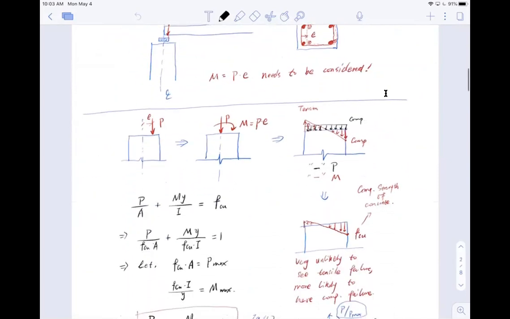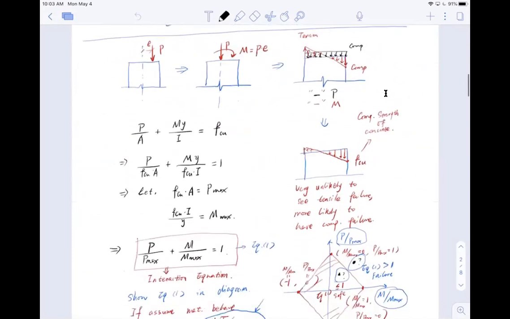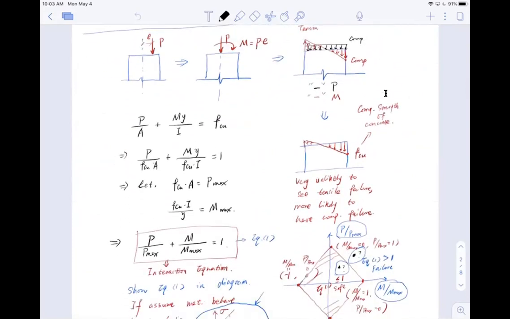Eccentricity. And this is the stress state caused by the eccentricity. We have a compression P and a combined moment M, which equals P times e. So the combined stress equals a uniform compressive stress plus a tensile-compressive stress distribution caused by the moment. We also realize that whenever the compressive stress reaches the concrete failure stress, it busts the column.